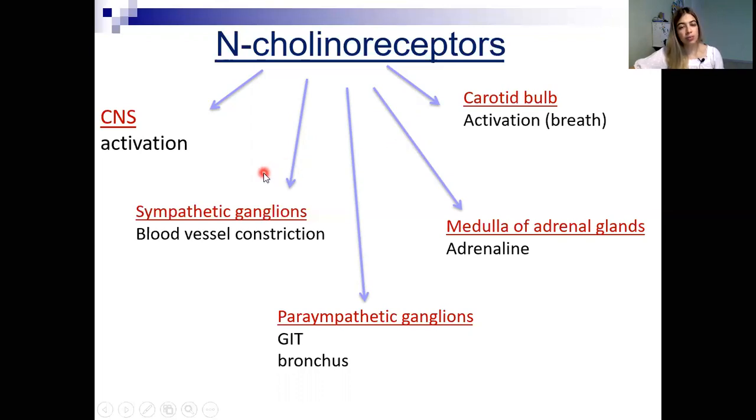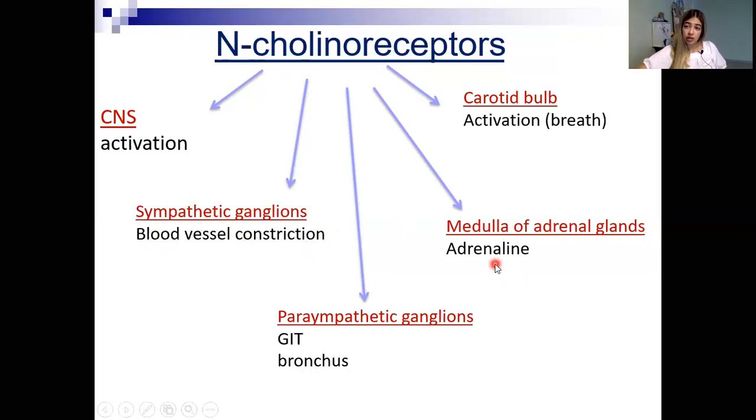Then also we have sympathetic ganglions, which include cholinereceptors, and here this gives us the blood vessel constriction, but this is again only one example. Not only blood vessels, but also the heart work and the GIT work can be affected, and many other things.